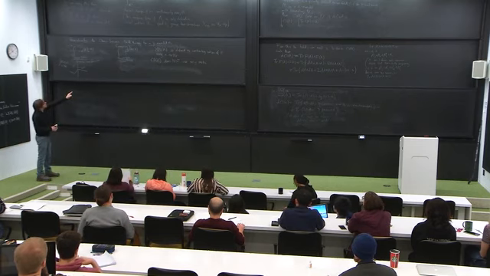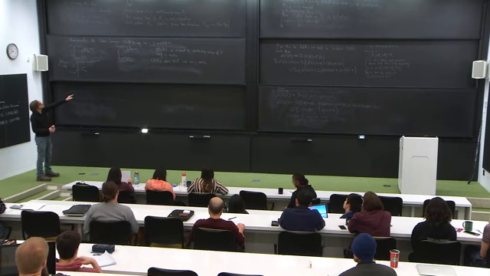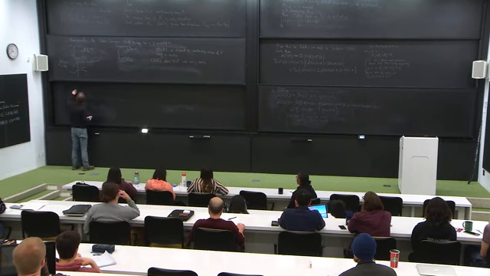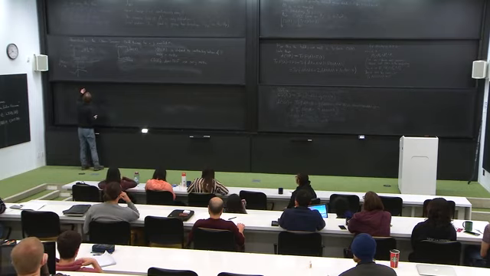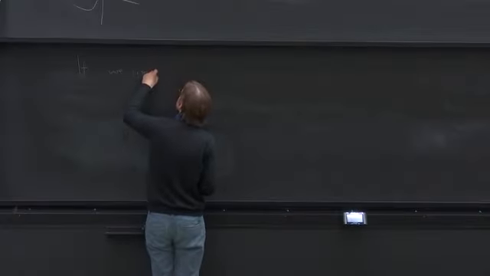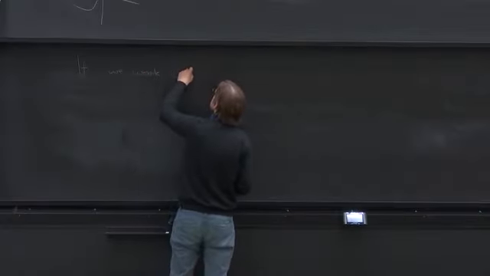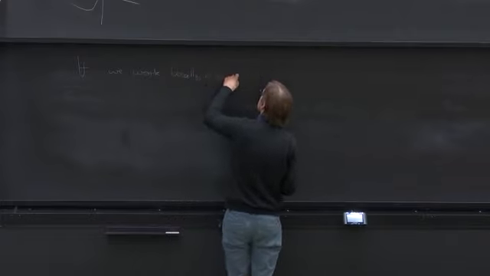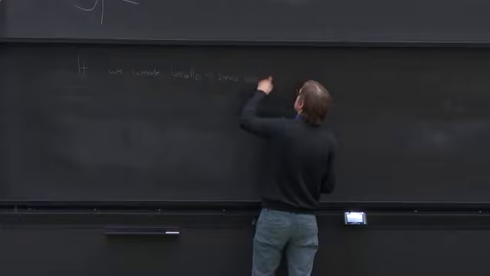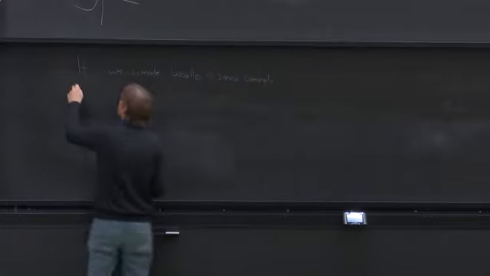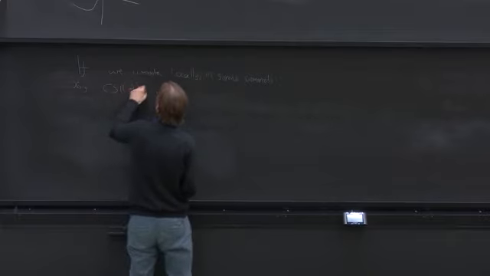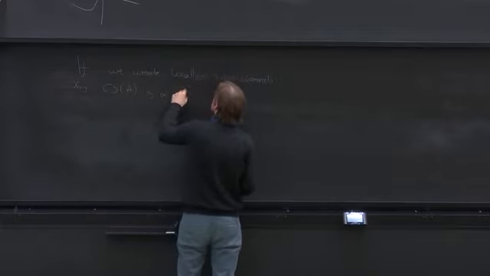So to continue, what does it mean that it does not use any metric? If we work locally in some coordinates x^i, then the Chern-Simons Lagrangian is a three-form.